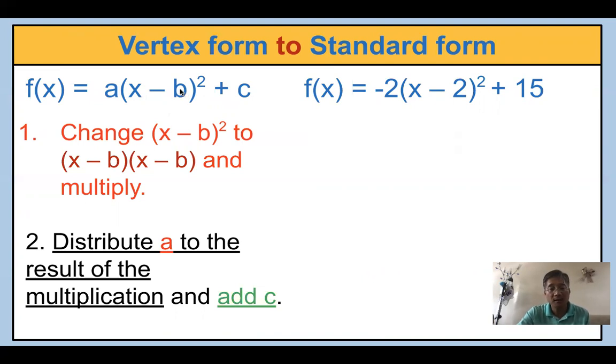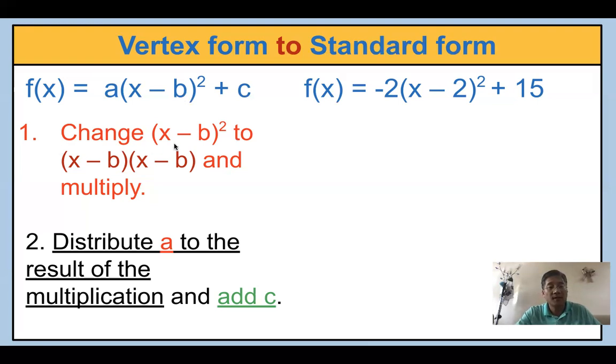That's a common mistake. What are you supposed to do first? Yes, you do the square first, the exponent, right? Before you multiply. PEMDAS: you square and then multiply. But many people make the mistake of multiplying or distributing first. That is a common mistake.